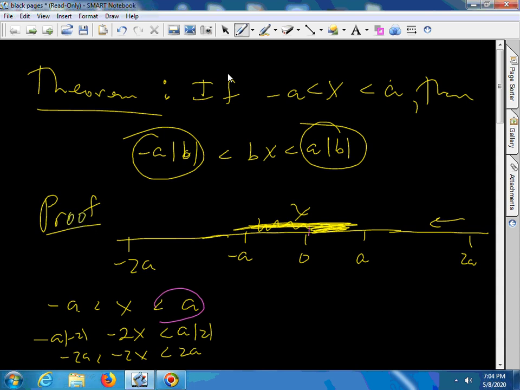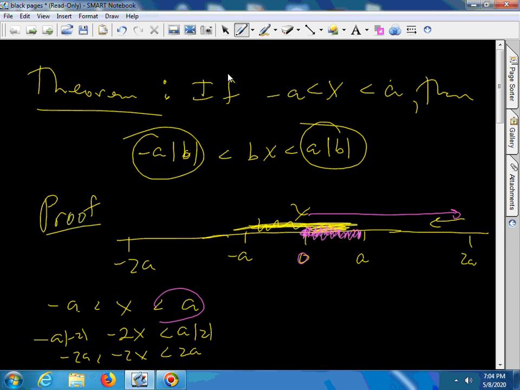And if I double 0, I'm going to get here anyways. If I double any of these numbers in here, you'll be less than 2a.